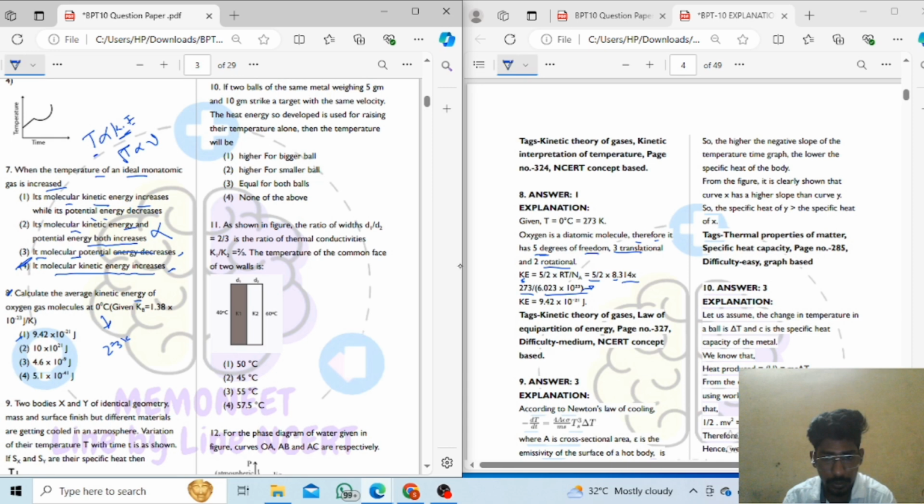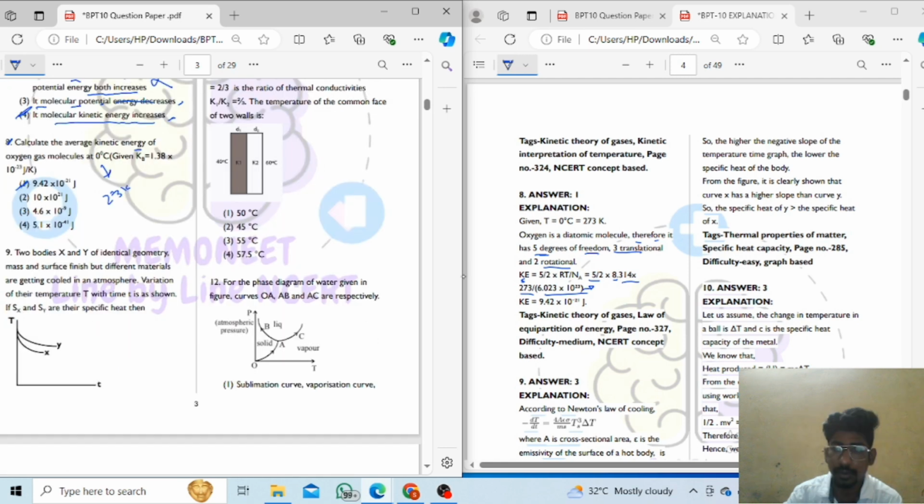Just apply approximation, nothing else. If you want to calculate the whole thing, it will take lots of time.